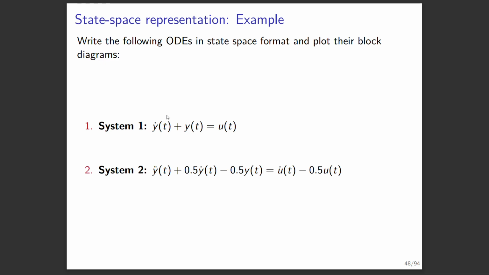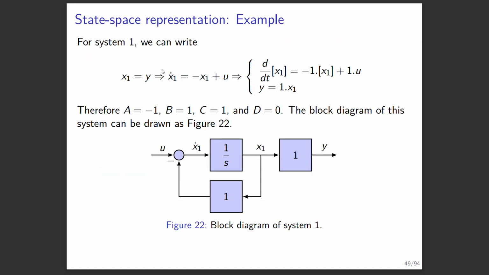This would be x1 dot. I just need to bring this term to the right hand side. So x1 dot equals negative x1 plus u. And that's it. That's the equation that I want to use in state space format.